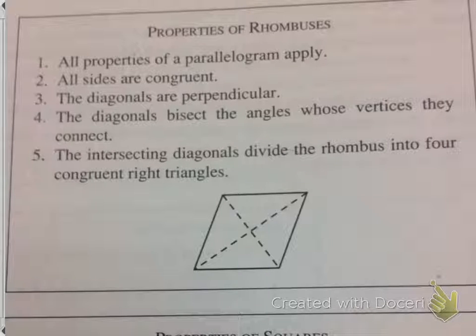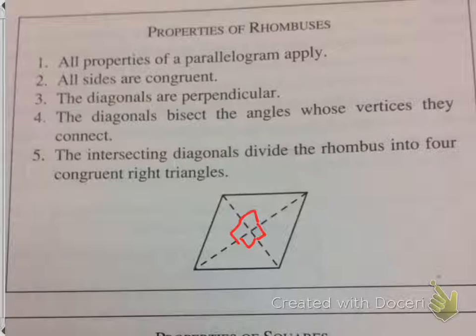They're going to intersect, but they have to intersect to be perpendicular in a way, which means they form 90 degrees, right? That means all of those angles are 90 degrees to each other. They're perpendicular.